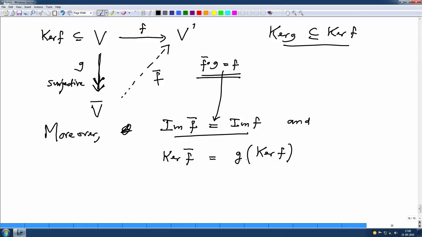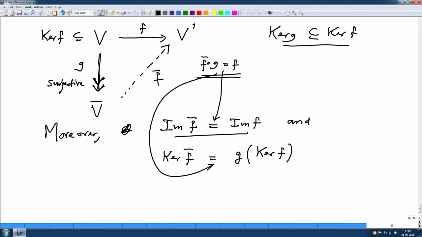Let us take this side, g of somebody in the kernel of f, and I want to check it is in the kernel of f bar. So, I apply f bar to that. So, f bar of that will be g of that, but this is f of that, and the same thing converse. So, this is also immediate from this equality.